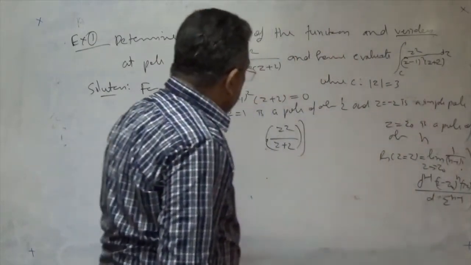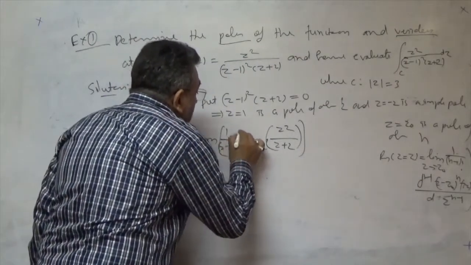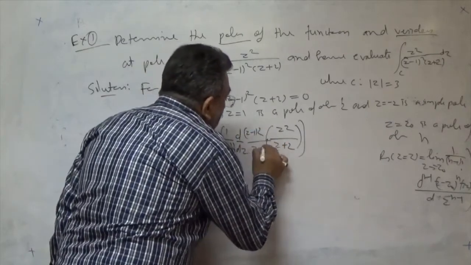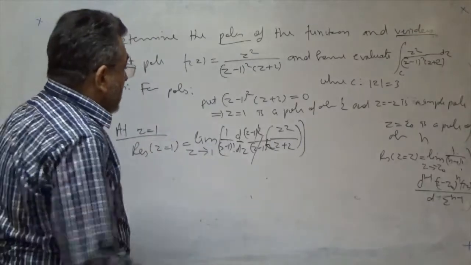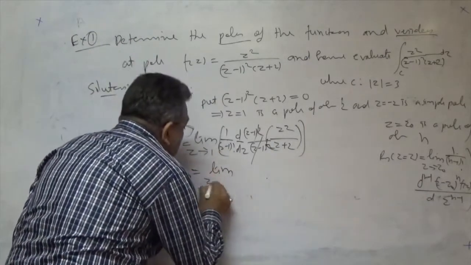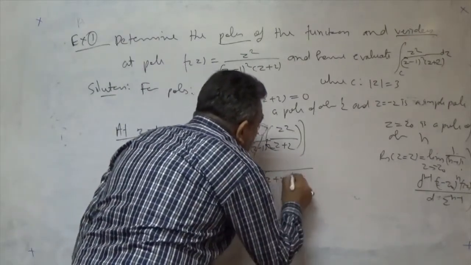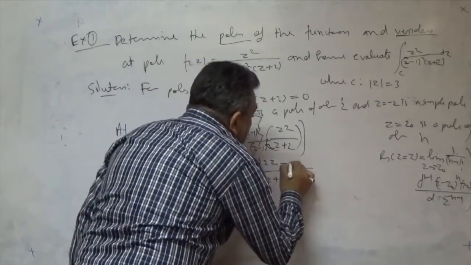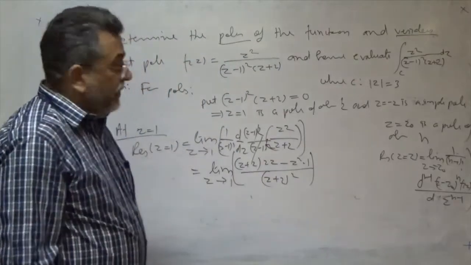This is the formula. By this formula, this is 1 upon (2 minus 1) factorial times the first derivative of (z minus 1) square times the function, where (z minus 1) square is cancelled out. Taking z tending to 1 and differentiating, we get ((z plus 2) times 2z minus z square times the derivative of z plus 2) upon (z plus 2) whole square.